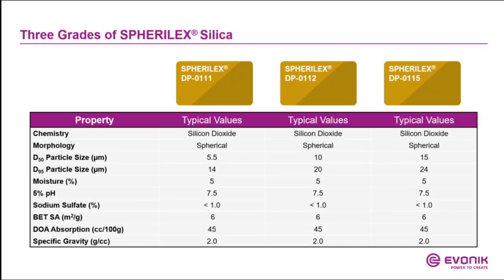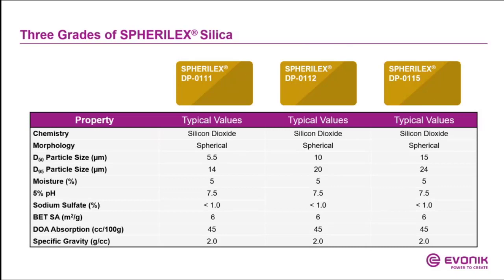It is easy to remember: the higher the number, the bigger the D50 particle size in micrometers. DP111 has a D50 value of around 5.5 microns. Going up to the DP115, we achieved a D50 particle size of 15 microns.